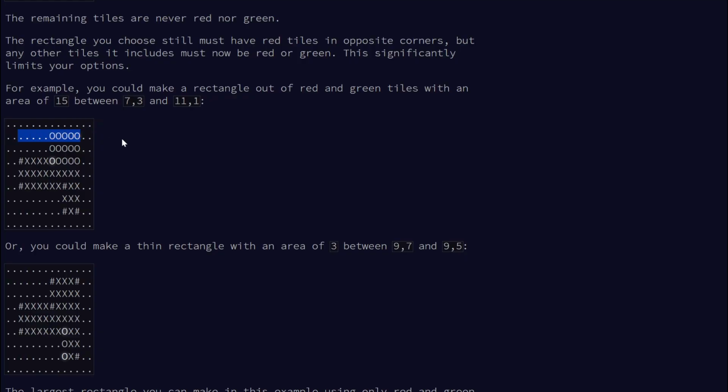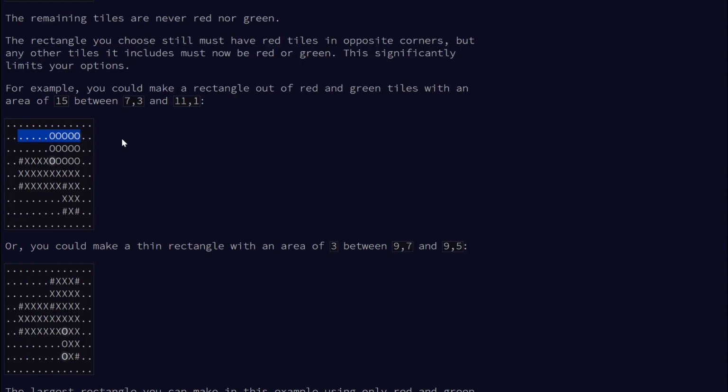And I would then have a 2-dimensional data structure, a map of set or something like that, that covers all and only those tiles inside the rectangle that I'm considering making.